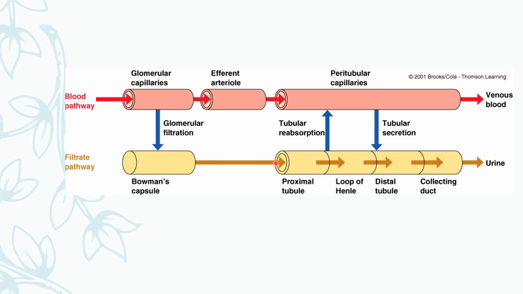The next process is tubular reabsorption, the movement of items from inside the nephron into the bloodstream, at the level of the proximal tubule and loop of Henle. And then the last process, the one final adjustment, is tubular secretion, which includes the movement of molecules from the bloodstream into the nephron, at the level of the distal convoluted tubule.